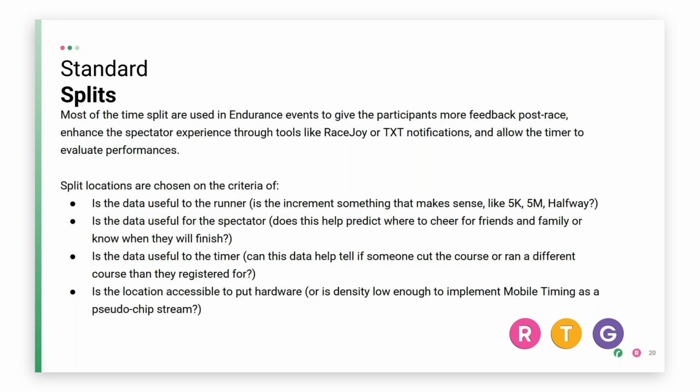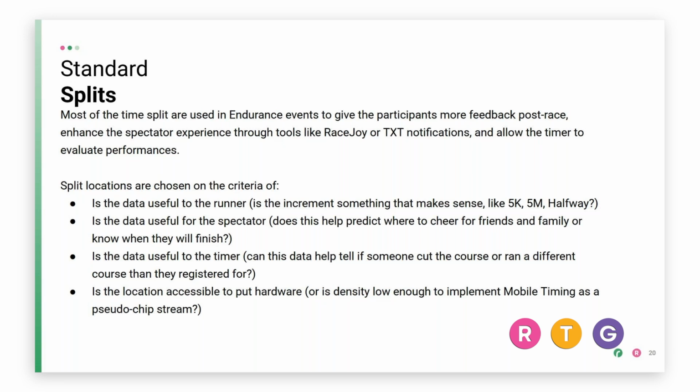When you are considering where to put a split map that would be used to build these segments, there are a couple of criteria that are useful to look at. The first is, is the data useful to the participant? Is this increment that the segment will be built on something that makes sense? Is it a 5K, 5 mile, halfway?